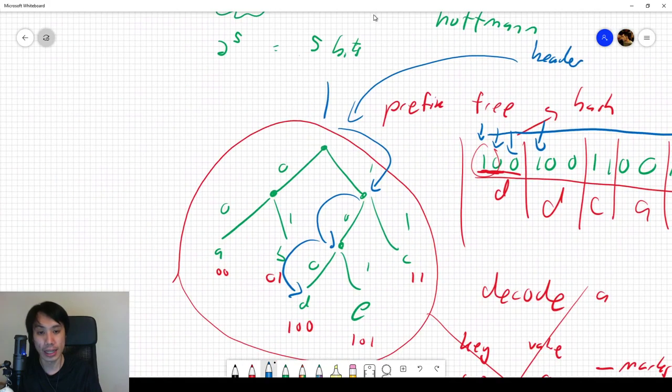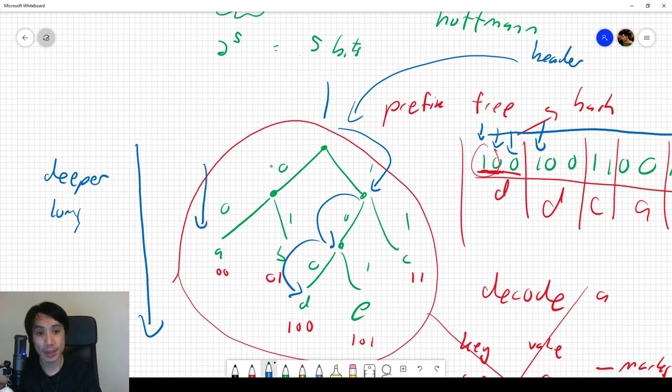Then if you look at the tree, you should notice a pattern. The deeper I go into the tree, the longer the code will be. A has a height of 2, so 2 bits. B has a height of 2, so 2 bits. If you look at D and E, height of 3, we have 3 bits.